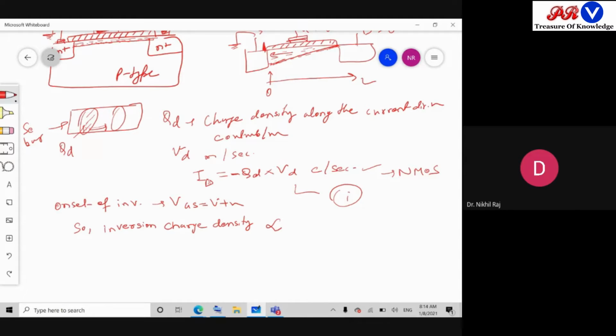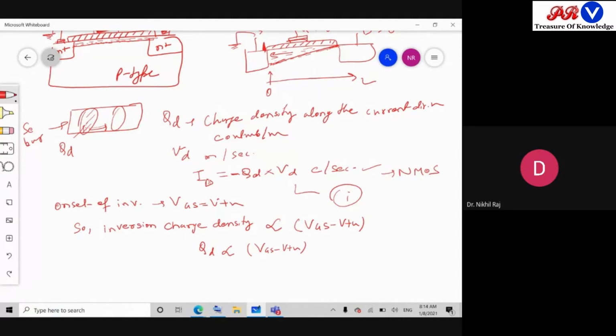It will be proportional to the voltage in excess of the threshold voltage. So we can say it is proportional to the VGS minus VTH voltage.